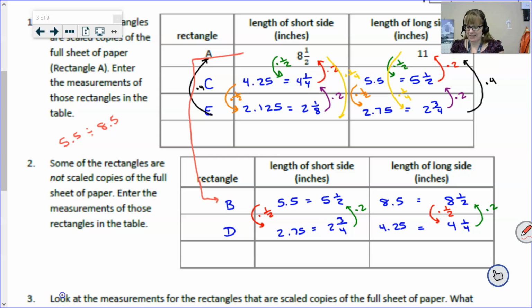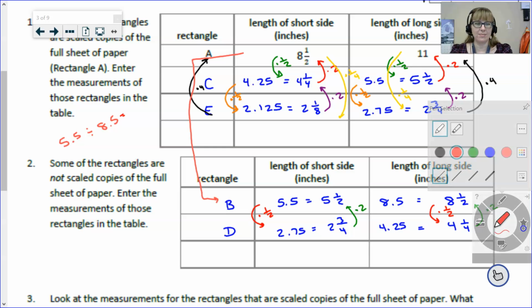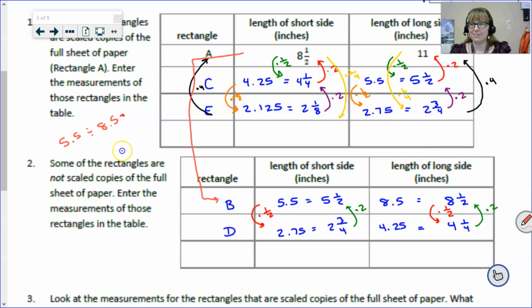And when we type that into the calculator, we get 0.64705. There we go.